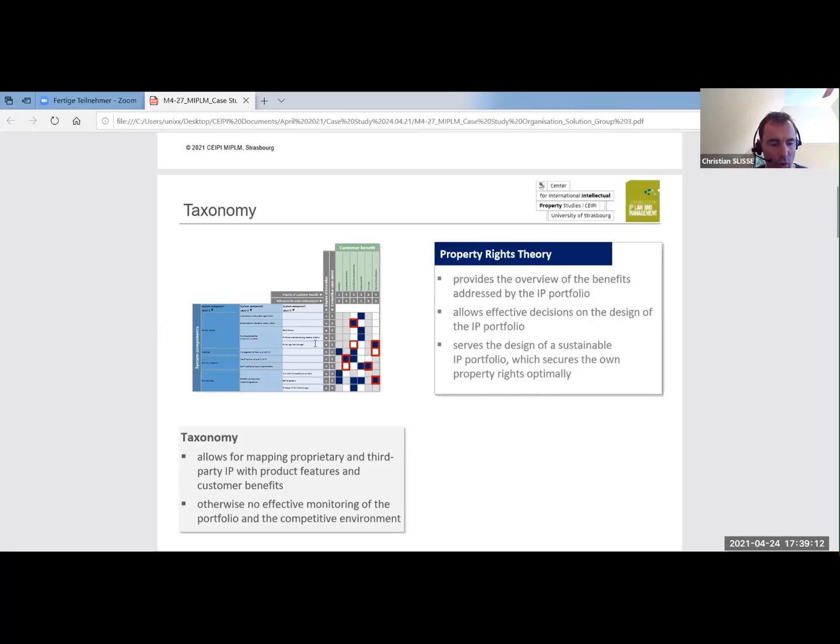Obviously, to know how to differentiate, you need to know and also continuously monitor where you stand in the competitive business environment.